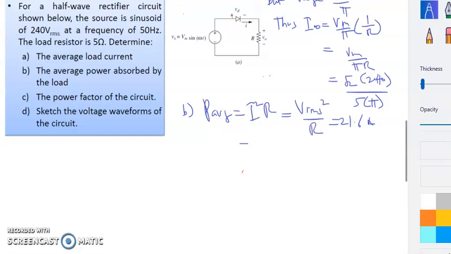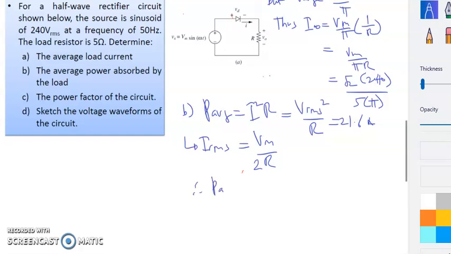Okay, or is equal to Vrms squared over R. So P average, and this IRMS is equal to Vm over 2R for half-wave rectifier. So IRMS is equal to Vm over 2R.